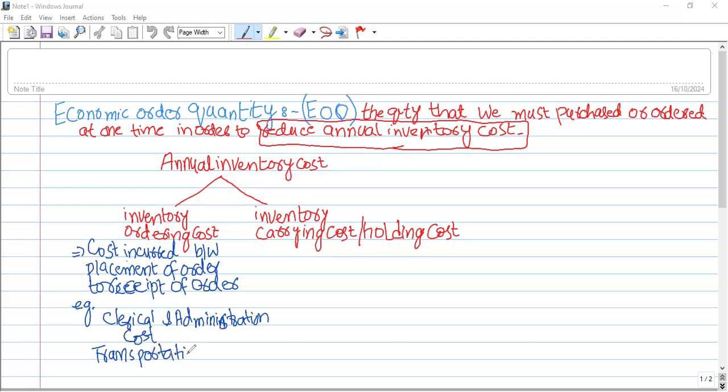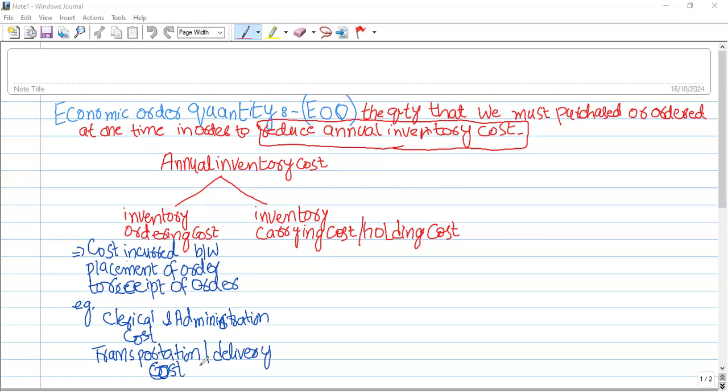Sometimes the examiner gives you delivery cost separately or transportation cost separately, so we include it in the ordering cost. Keep in mind, delivery cost is included in annual ordering cost because we define ordering cost from placement to receipt of order.